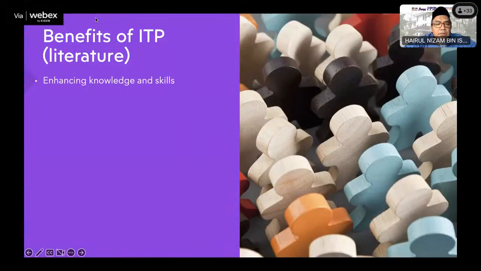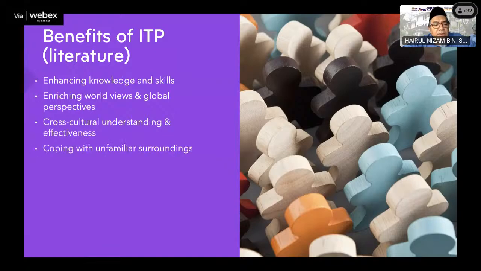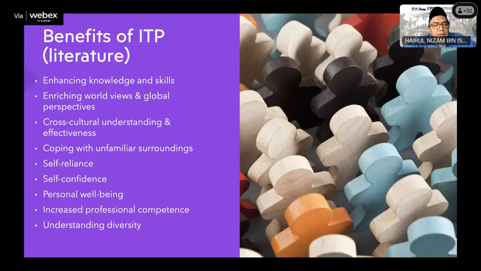So very quickly, we found there are a lot of benefits, both in the literature as well as from our own data collection and research: enhancing knowledge and skills, enriching world views and global perspective, of course cross-cultural understanding effectiveness, coping with unfamiliar surroundings, self-reliance, self-confidence, personal well-being, increased professional proficiency and understanding diversity.